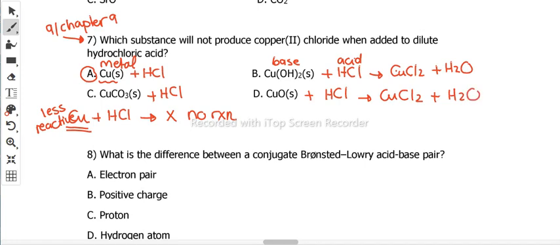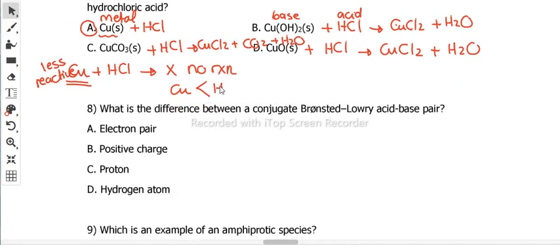And finally, there will also be copper chloride, and there will be carbon dioxide beside having the H2O. So the only choice is A, which will not react, as the copper is less reactive than the hydrogen. So the single replacement reaction will not take place. And this is another time related to chapter 9 besides the acid bases.